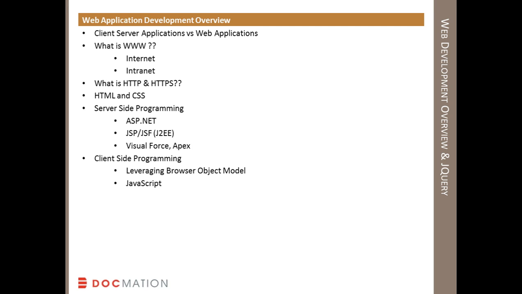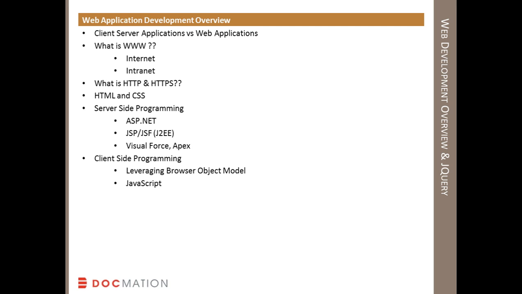So when you build a client-server application, you are building an app using the native features for a particular OS, and since you're building it for a specific kind of platform, you have more flexibility in implementing features.